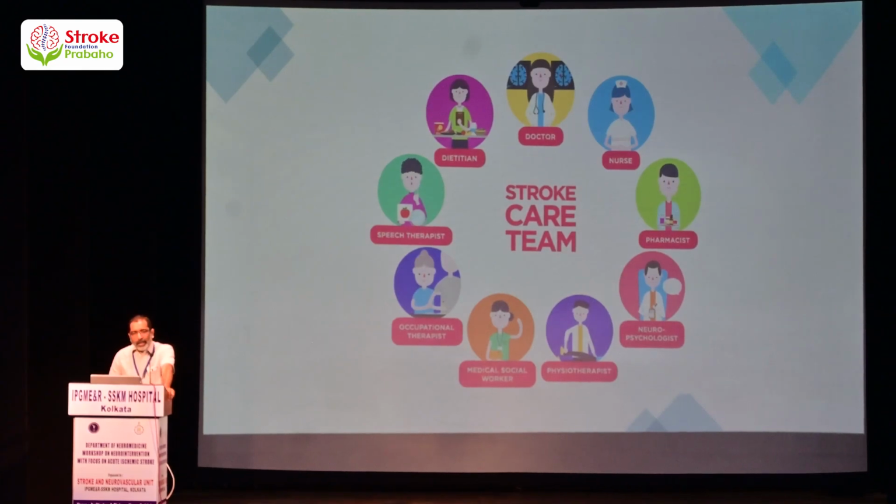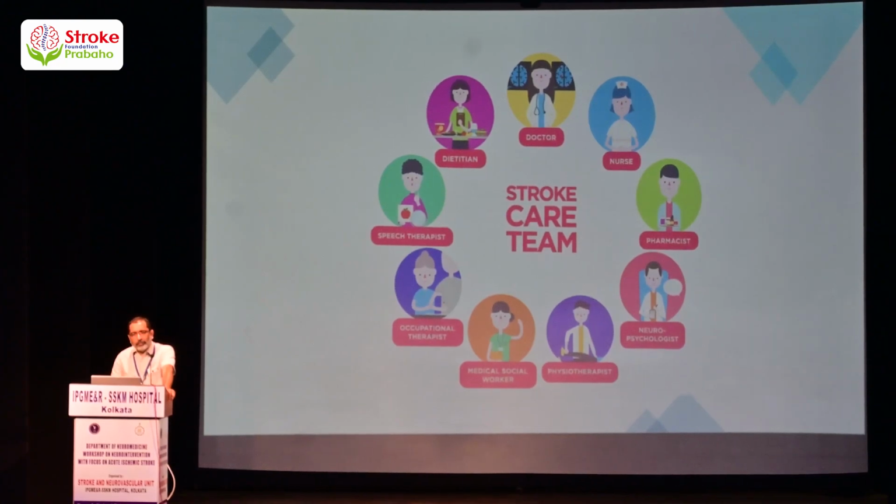And the whole team consists of neuromedicine people, medicine people, neurosurgeons, radiologists, nurses, physiotherapists, and occupational therapists. There is a dearth of speech therapists, but on an emergency or SOS basis, sometimes speech therapy is helpful.